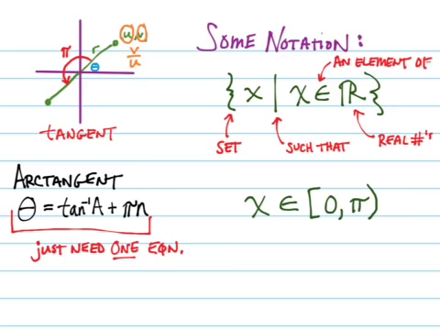Okay, so I have an interval from 0 to pi. This is our closed bracket, which means you can equal 0. What do you think the parentheses mean? If the bracket is closed, then the parentheses are probably open. All right, which means you can get as close as you want to pi, but you can't actually equal it.